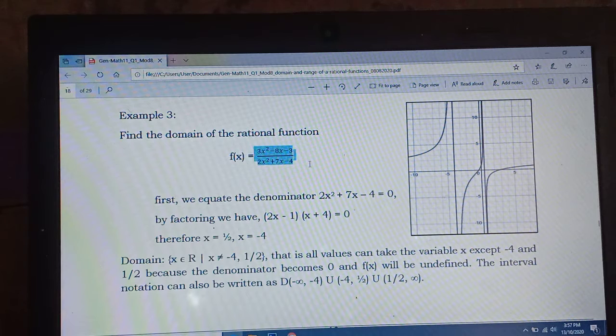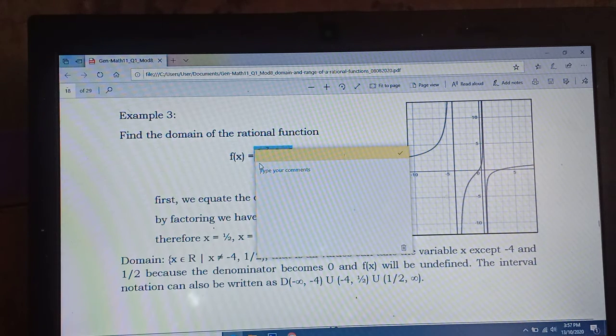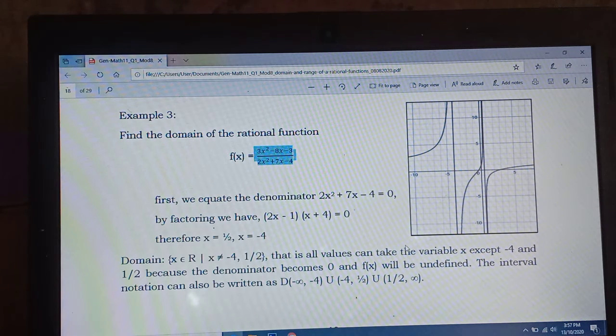We factor, grade 8 or grade 9. Factors are, so try to factor the denominator, that is 2x minus 1 times x plus 4 is equal to 0. So find the values of x. So solve for x. The first factor gives x is equal to 1/2 and x is equal to negative 4.